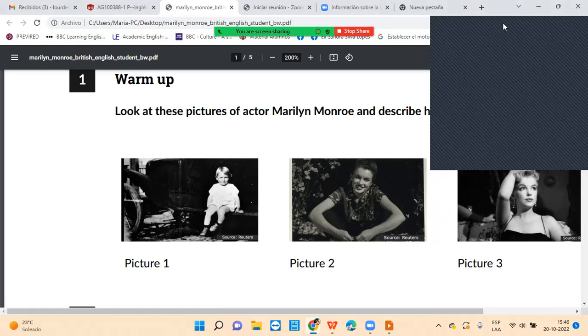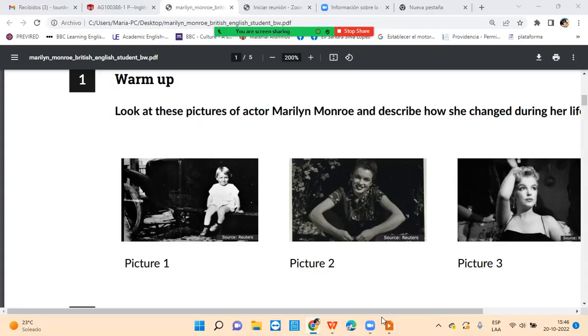If you look at these pictures, how did she change during her life? What do you think? How did she change?